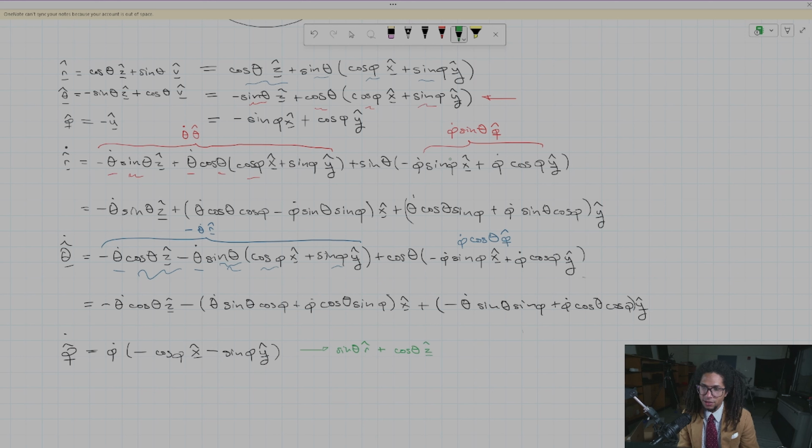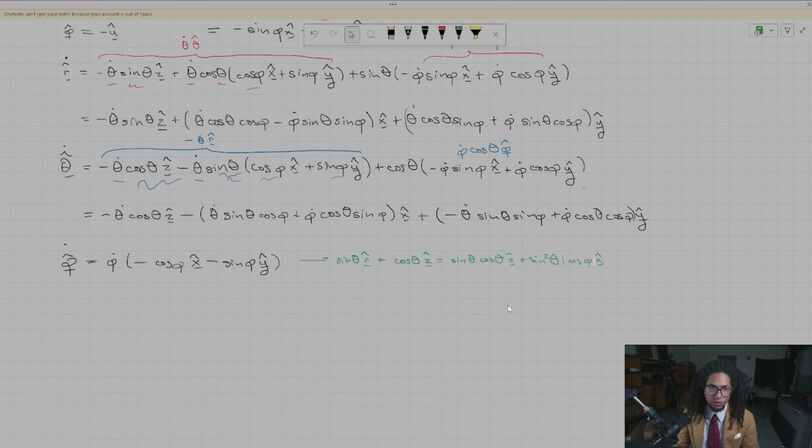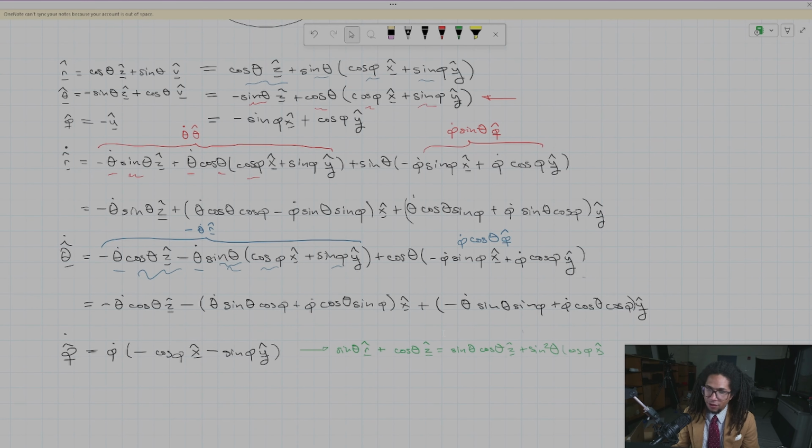What that would give us is sine theta cos theta z hat, first from the sine theta r hat, and then plus sine squared theta cos phi x hat, plus sine phi y hat is what we're missing.